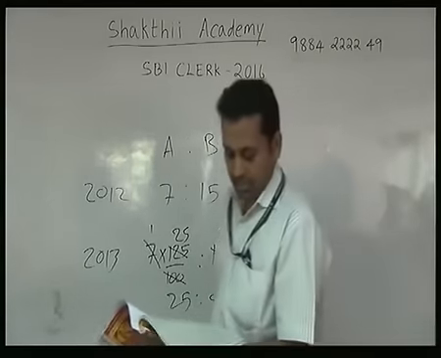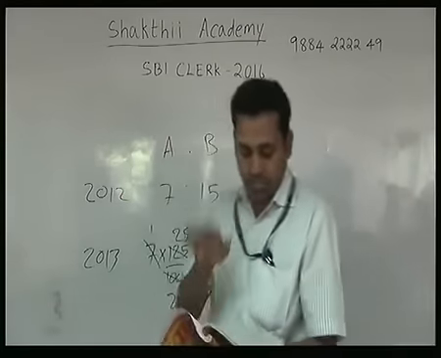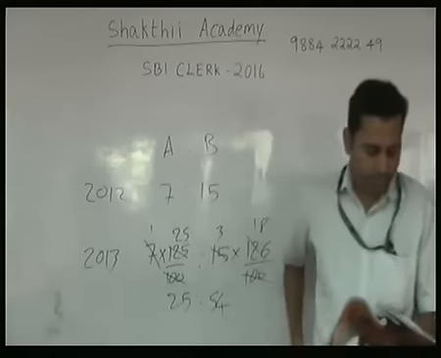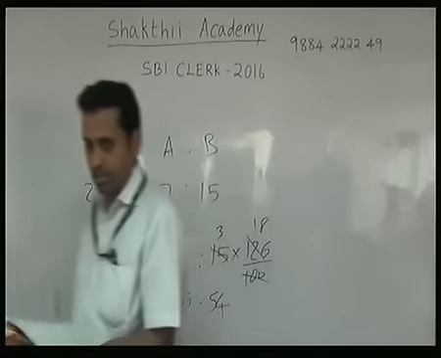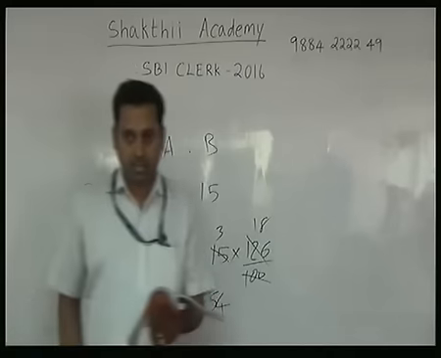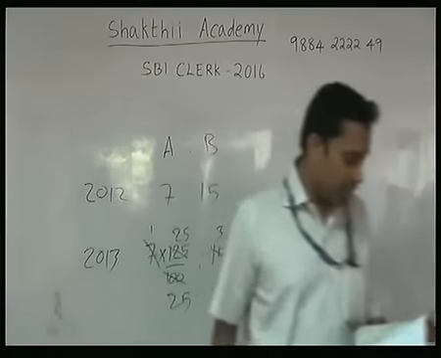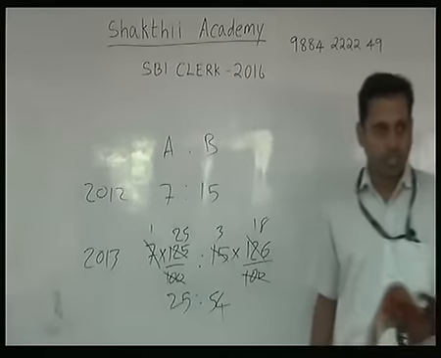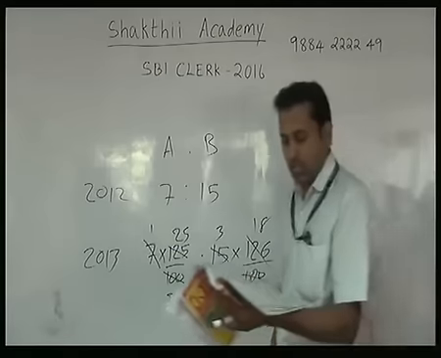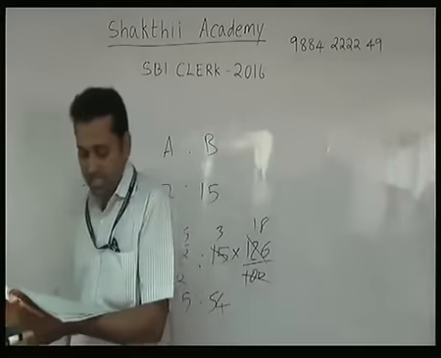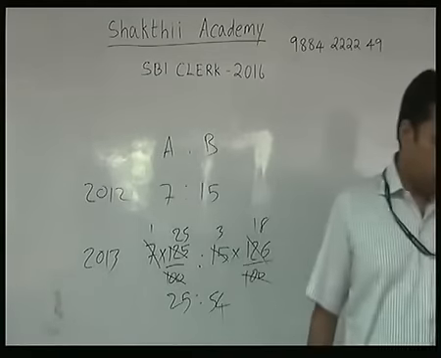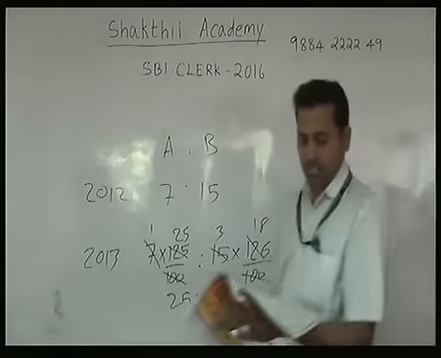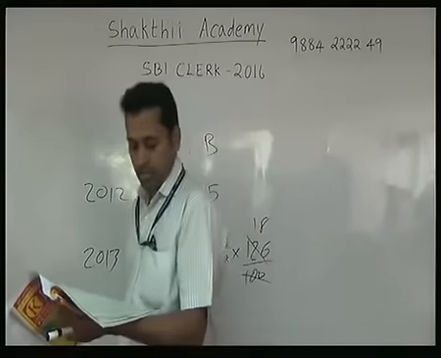Okay, this is question number 62 in the original exam. Now I'll tell you the options. Don't worry, I'll repeat the question once again. Now take up the options: 33, 32, 24, 26, 21.